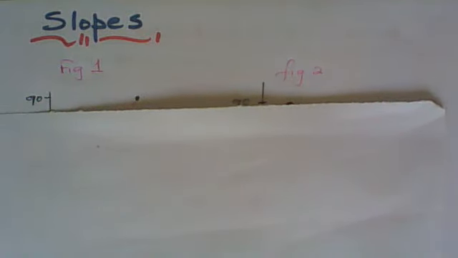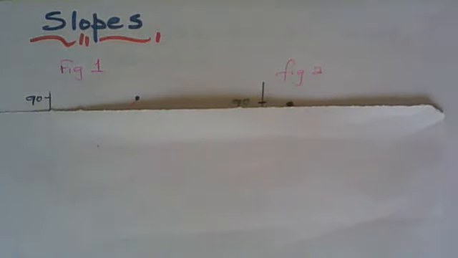What is a slope? A slope is an uptrend or a downtrend, and it can also be none of those. That is, it can be vertical and it can also be horizontal.